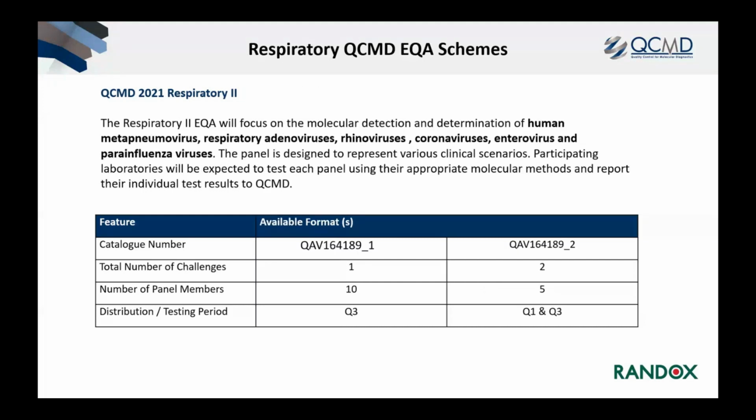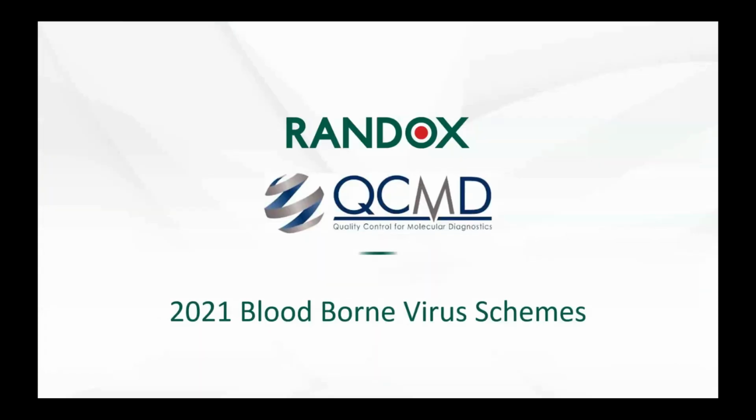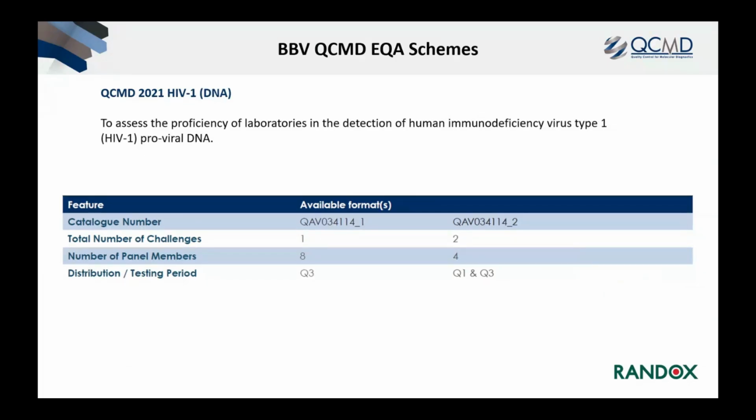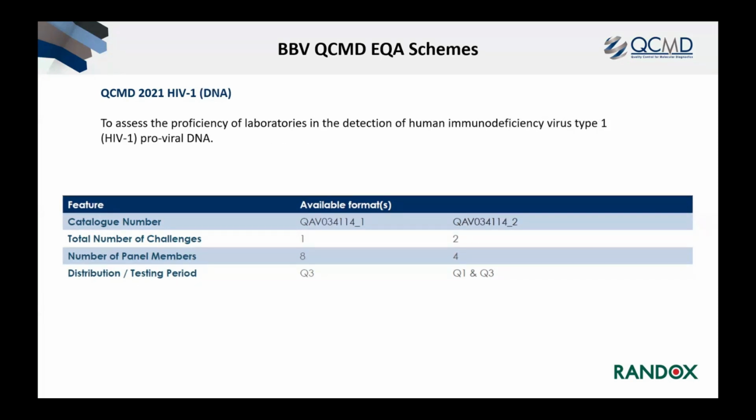Just continuing on the respiratory theme, we've got Respiratory 2. This is suitable for those carrying out the large respiratory multiplex tests. In addition to that, we have Respiratory 3, again suitable for the respiratory multiplex tests, but this scheme is for the bacterial respiratory infections. And then just have a look at our traditional bloodborne virus schemes: HIV-1 RNA, HIV-1 DNA.